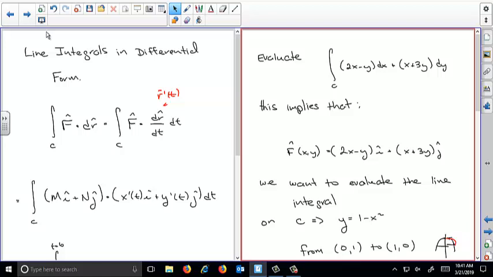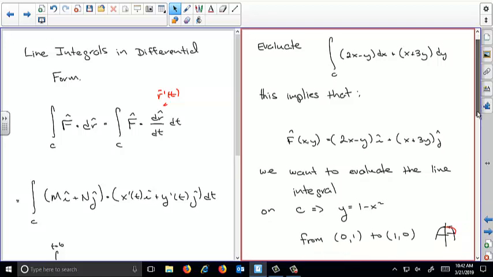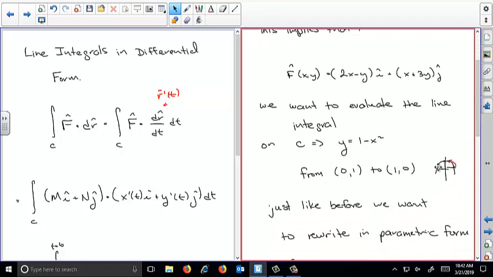And we want to evaluate the integral along the path y equals 1 minus x squared, which is a parabola. It's inverted because of the negative sign here. It intersects y equals 1 and has x-intercepts of -1 and +1.